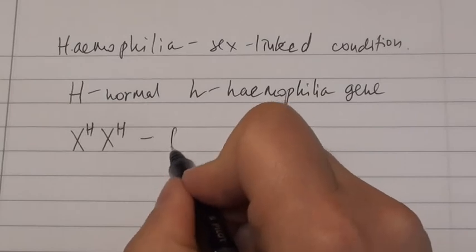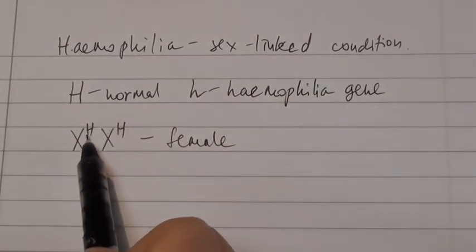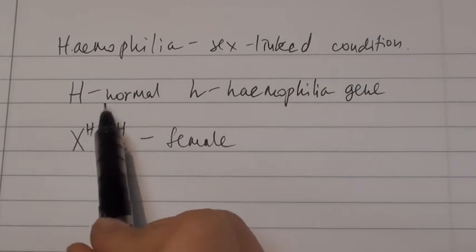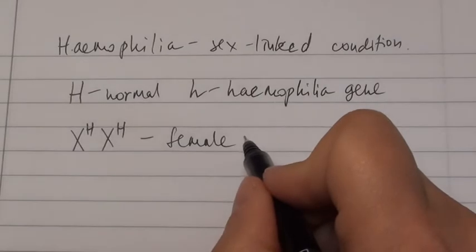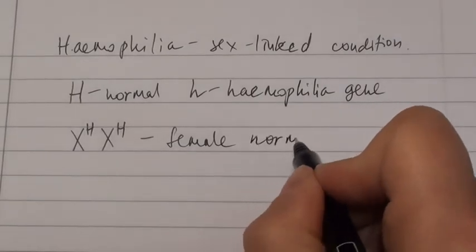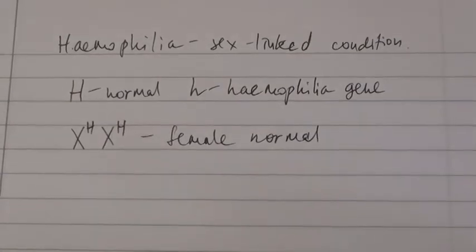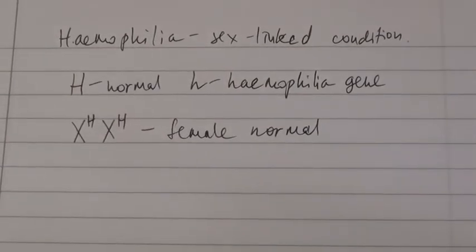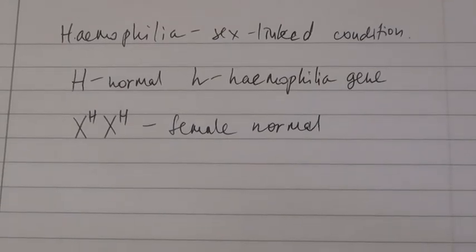I can also see that both of her X chromosomes contain the normal gene, so this is a normal female. A lot of you are going to fall into that category: a normal female with healthy, non-mutated sex chromosomes.